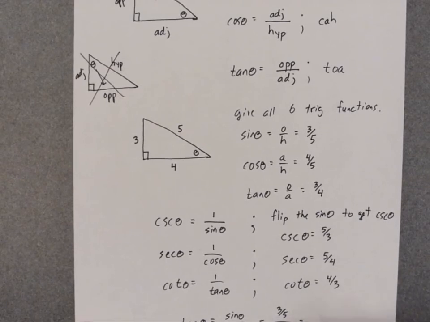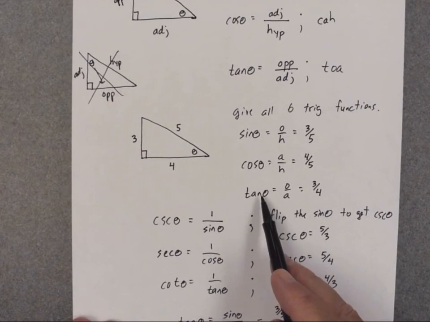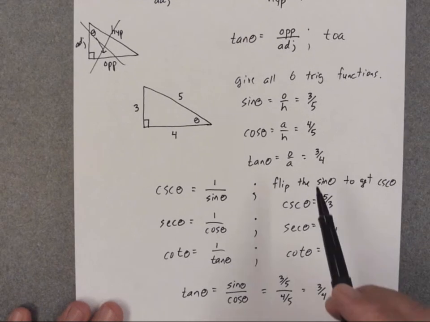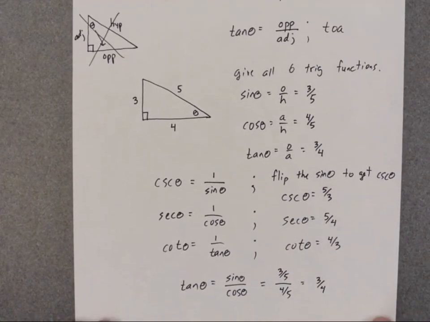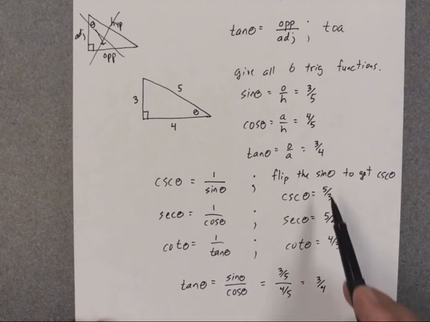In this case, the 5's cancel out and you're left with 3/4. So you say the tangent of theta is 3/4, and of course that's the same answer I would get as if I used the trig definition. I said the tangent of theta equals the sine over the cosine. Just for fun, I plugged in my sine and my cosine, and simplified it to 3/4, which is the same.